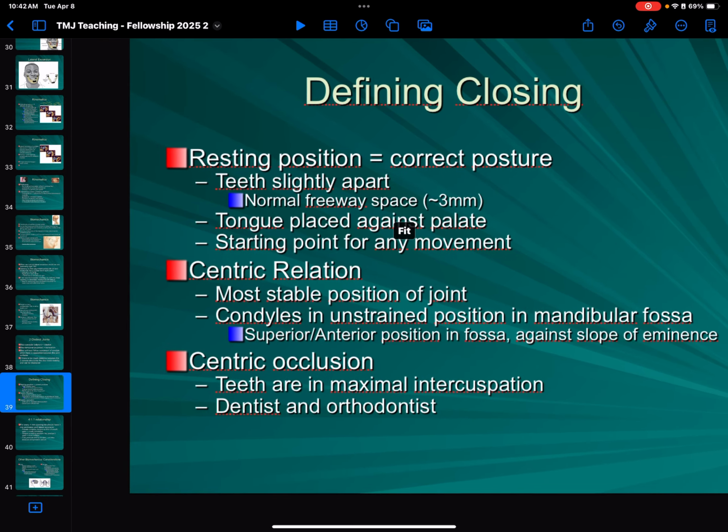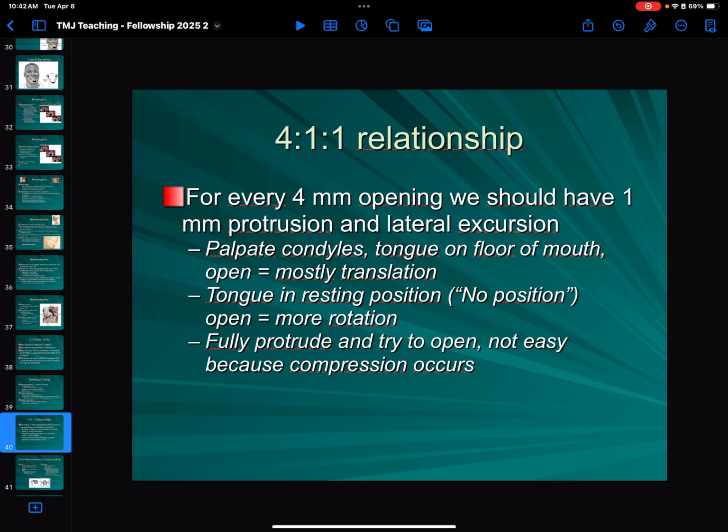And then with that, you should have at least 10 millimeters of protrusion, and then 10 millimeters of lateral occlusion side to side.